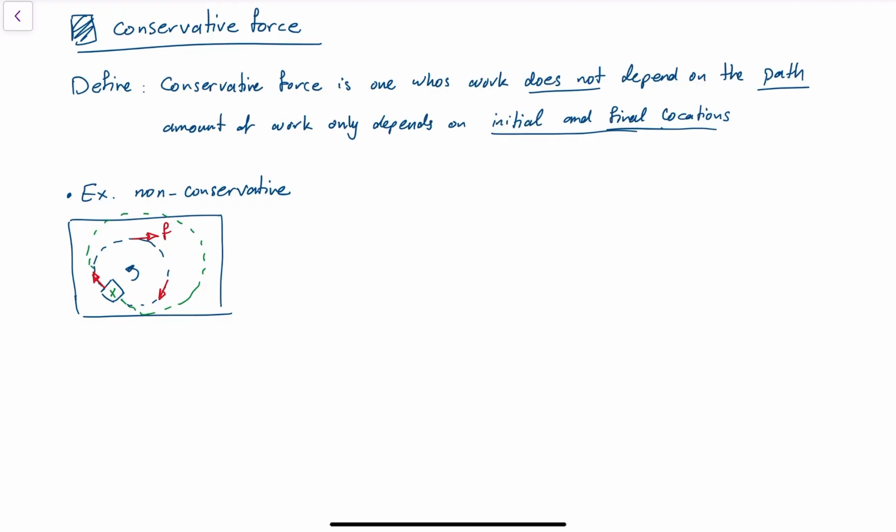Equivalently, the actual force that is pushing the box around and moving it along this circular path is also non-conservative, because as I push with this force along a bigger circle, the amount of work I do is bigger, and not just depending on where I start and where I end. So both a friction force and, let me write it down, friction force is a non-conservative force.